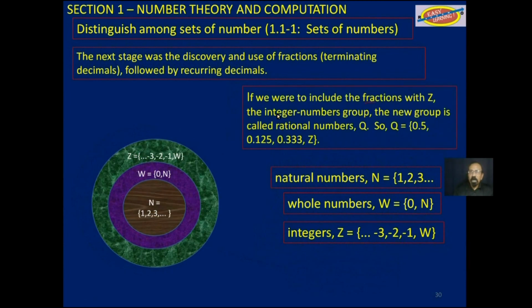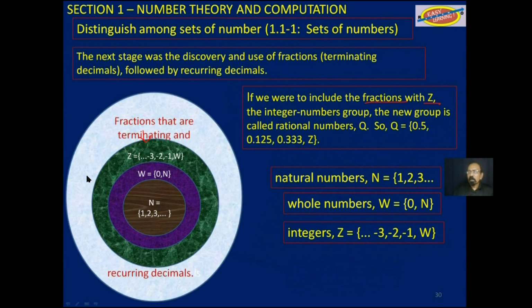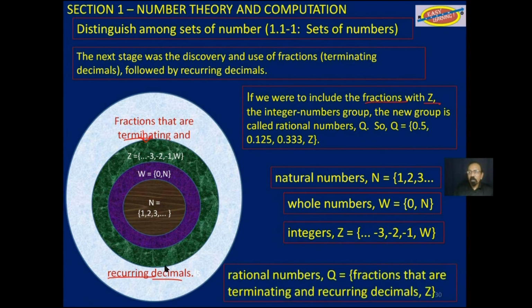If we include the fractions with this Z group here, we now have fractions that are terminating and recurring decimals. So this new group is called Q, and it is called rational numbers.